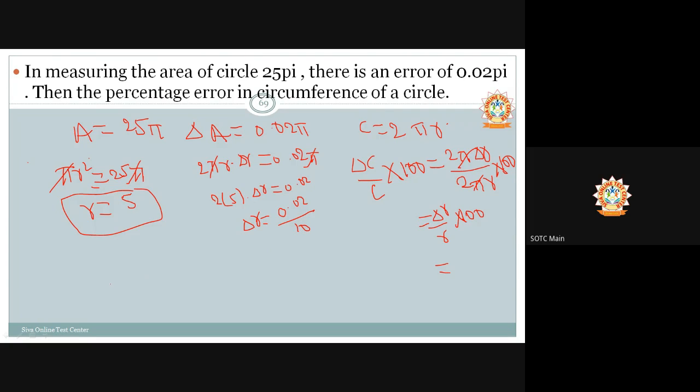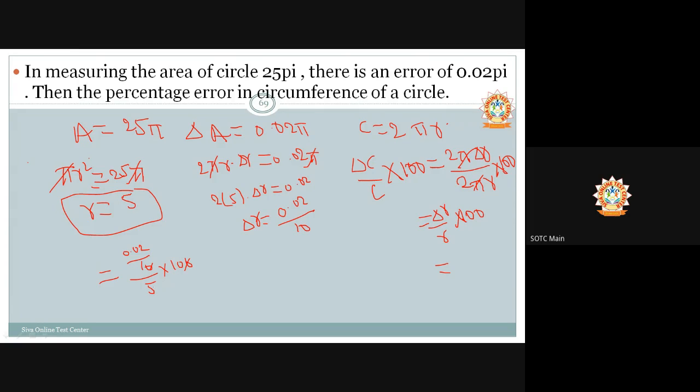Find del r by r into 100, the percentage error in the circumference of the circle. So del r is 0.02 divided by 10, whole divided by the radius 5, into 100, right? So here the 10 and 10 will get cancelled.